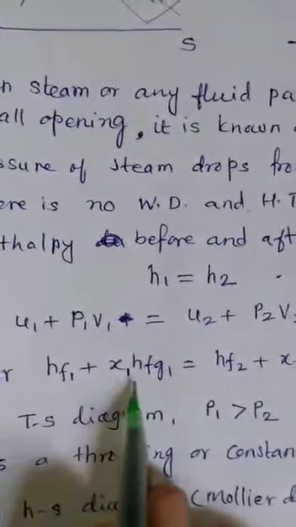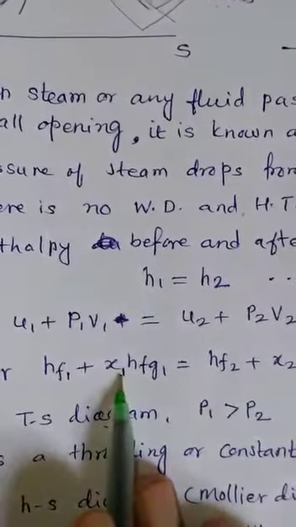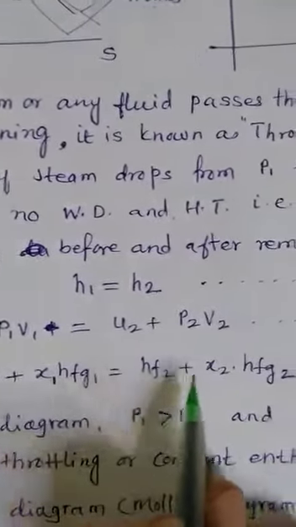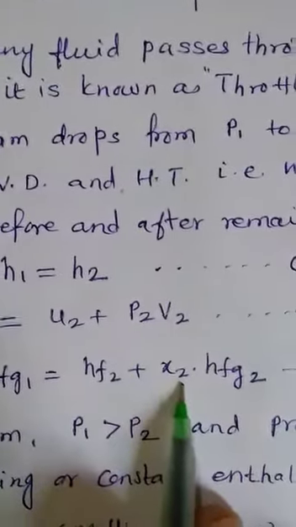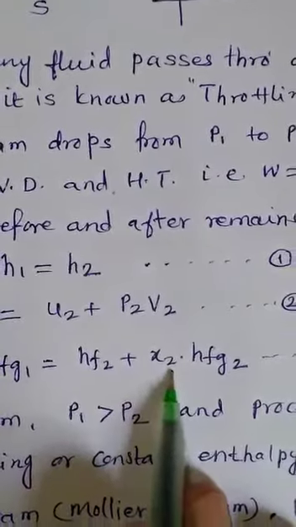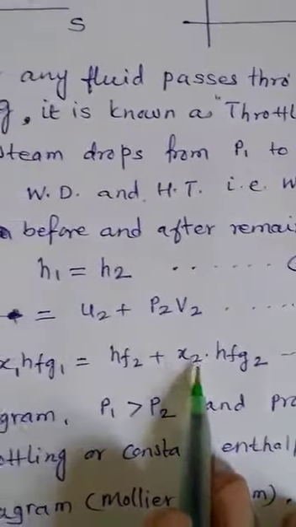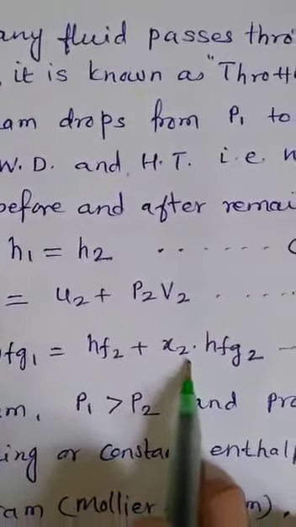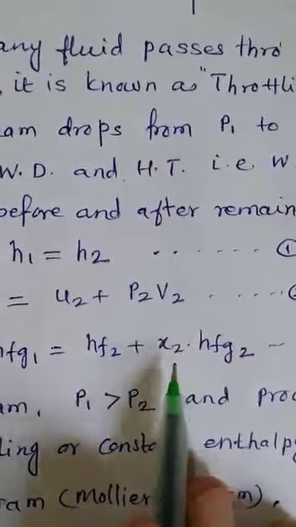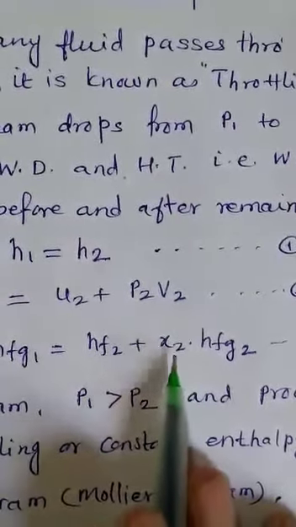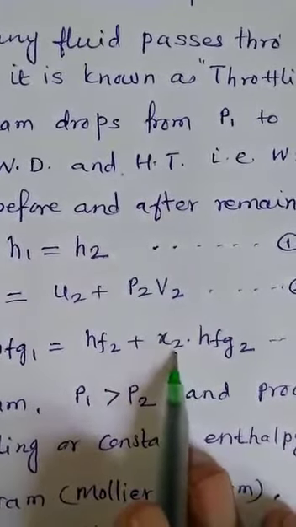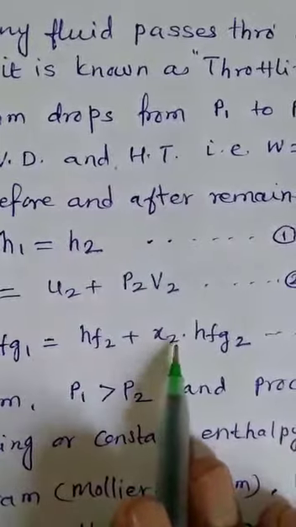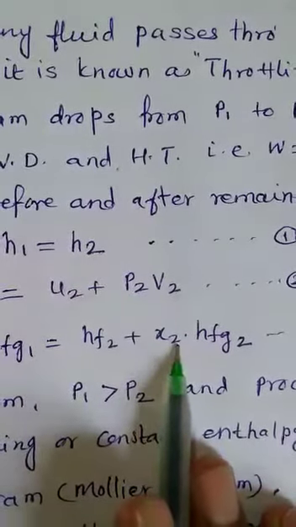Now see here, X1 is dryness fraction in the beginning of the throttling process, and X2 is the dryness fraction at the end of throttling process. Usually X2 is made equal to 1. So what is the meaning of throttling? During the throttling process, dryness fraction increases to the level of 1.